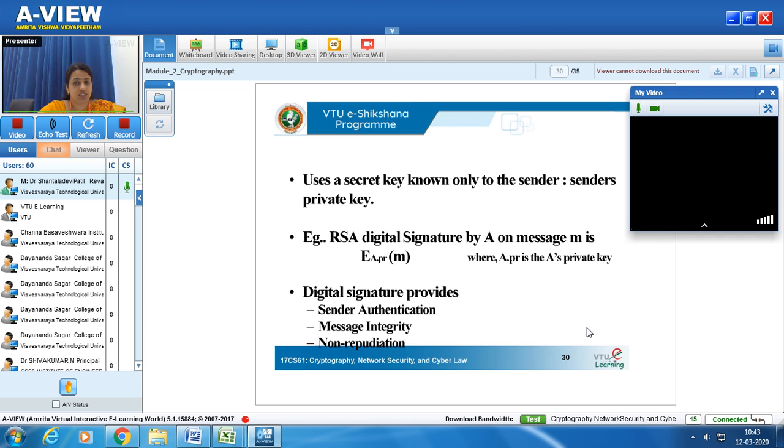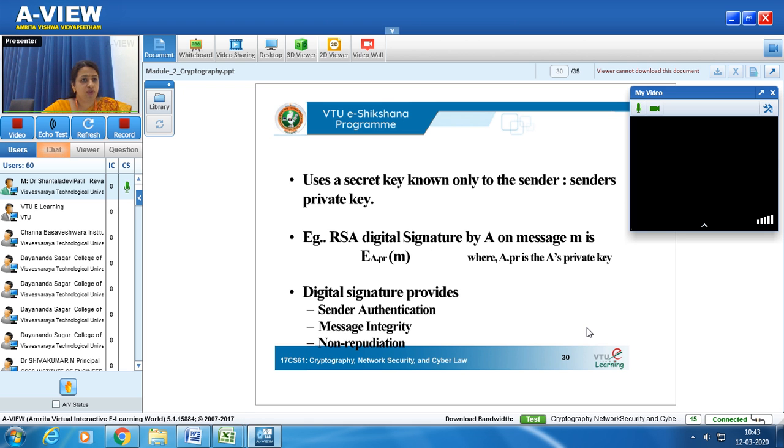If we use an RSA digital signature, and let's say A is Alice, on the message M, I'm applying an encryption key. Digital signatures are able to provide us with 3 properties: sender authentication, message integrity, and non-repudiation.